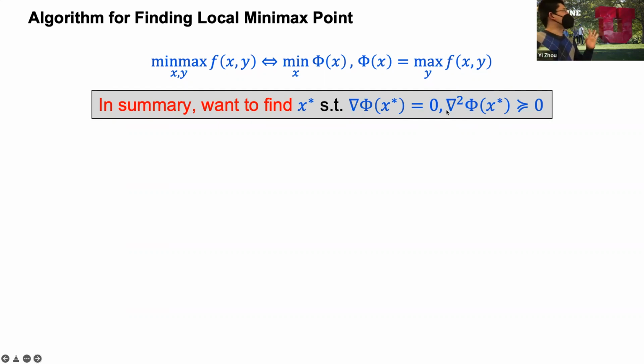And surprisingly, this falls into the classical non-convex minimization problem. This is basically called a second order stationary point of the function phi.